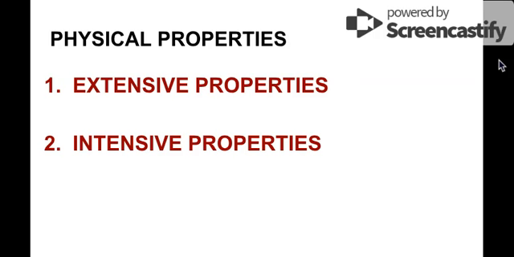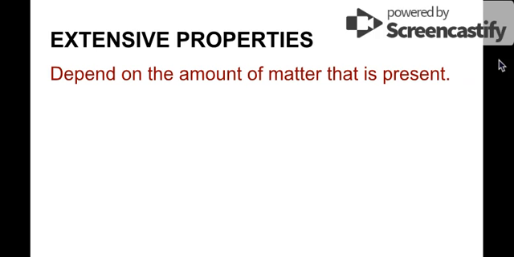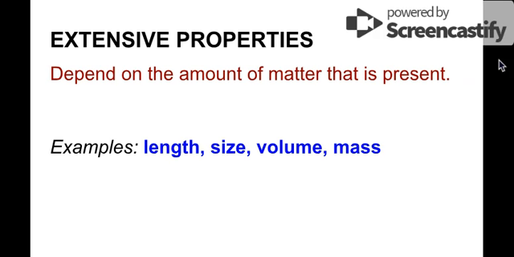So, let's distinguish between the two. Extensive properties are those properties that are dependent on how much matter is present in that substance. What are examples of this? Length, size, volume, and mass.